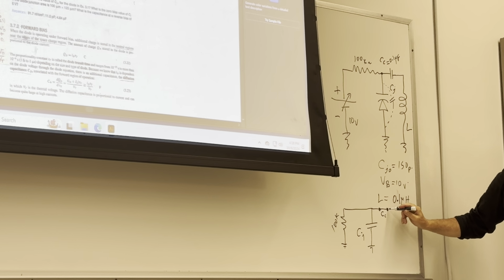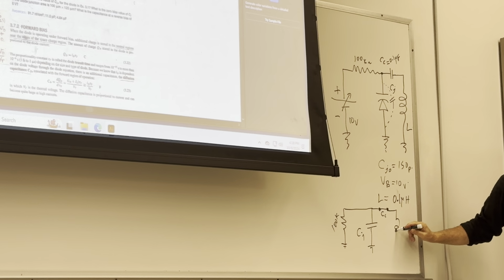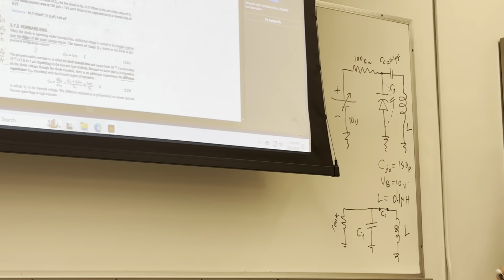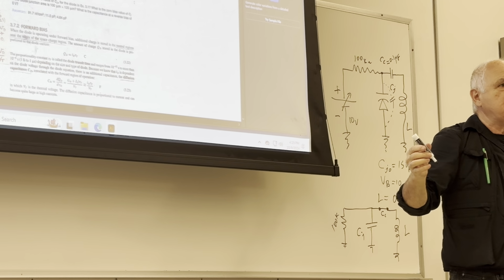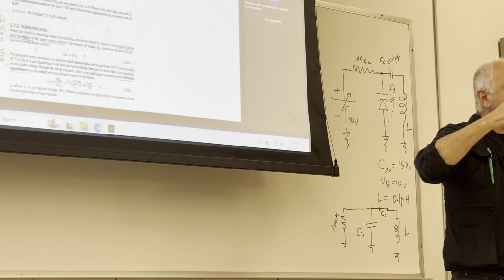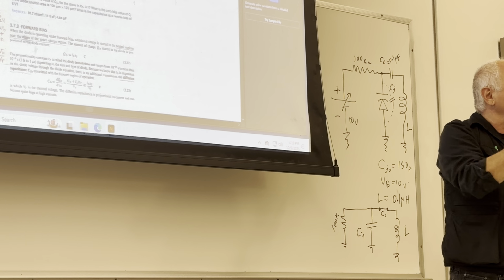This is the coupling capacitor. Here is an inductor, L. Don't you have an LCR? See that? L in parallel with a C, in parallel with an R, has a resonant frequency. Isn't that right? There's a frequency at which it can resonate in parallel.